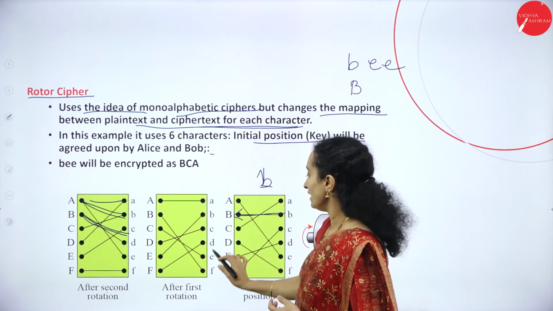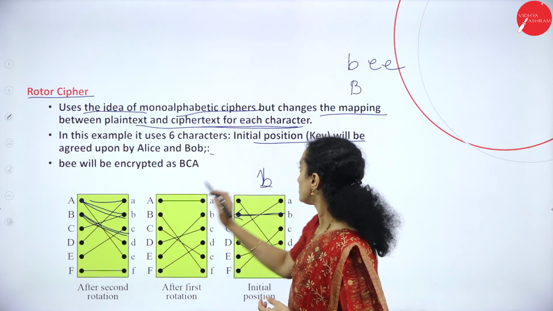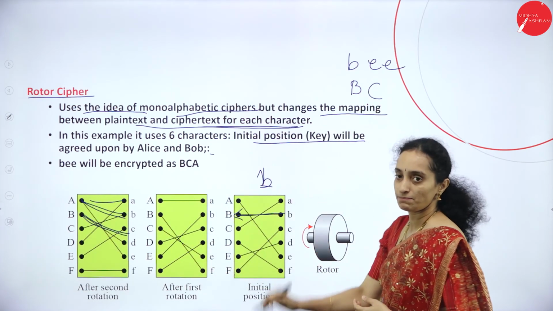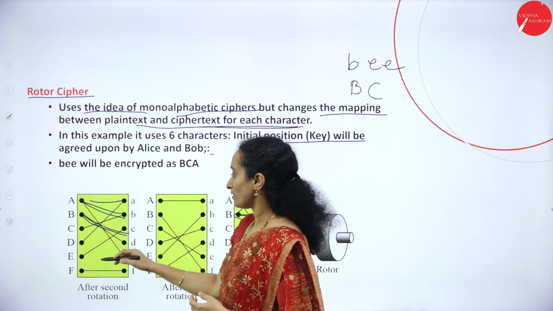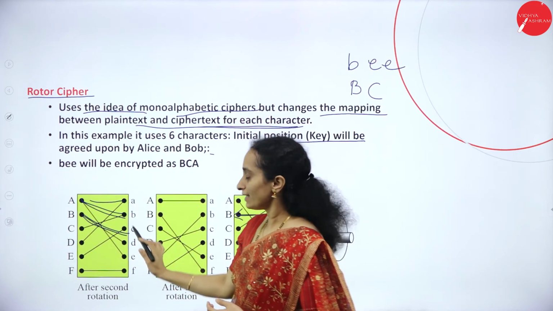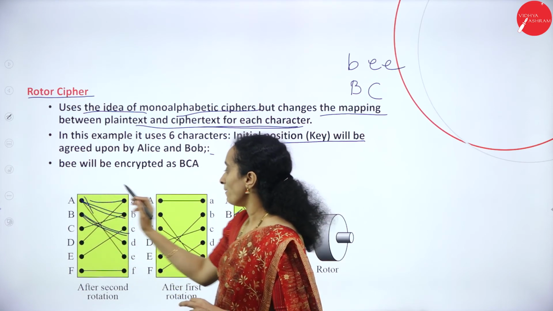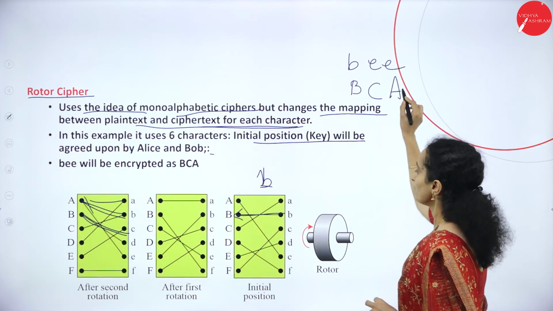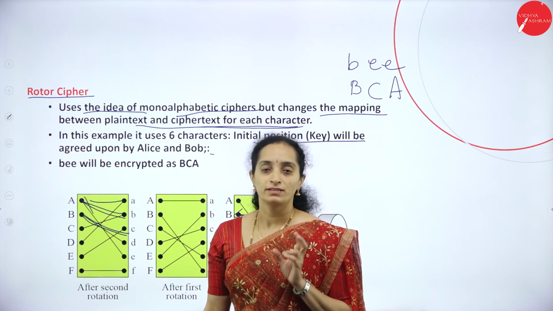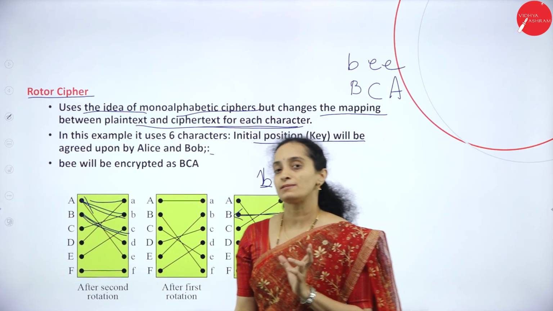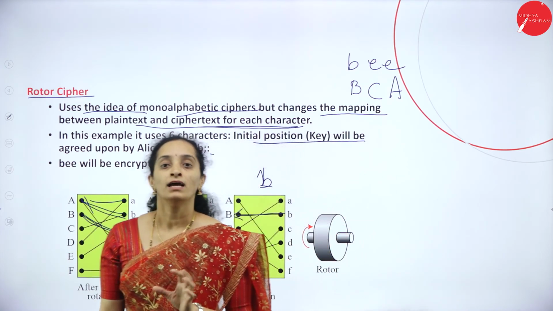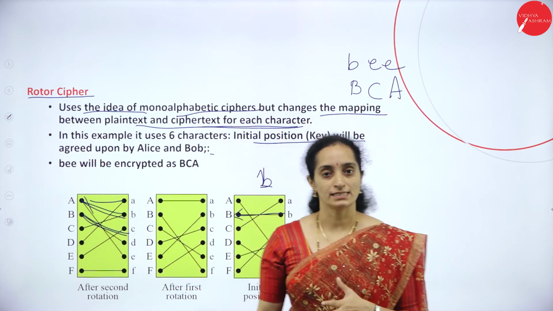The character E is now mapped to C. This will become C. Alright. In the next rotation, we have another E. Even though E is repeated, this time E is mapped to A. So the plain text BEE will be changed to BCA.